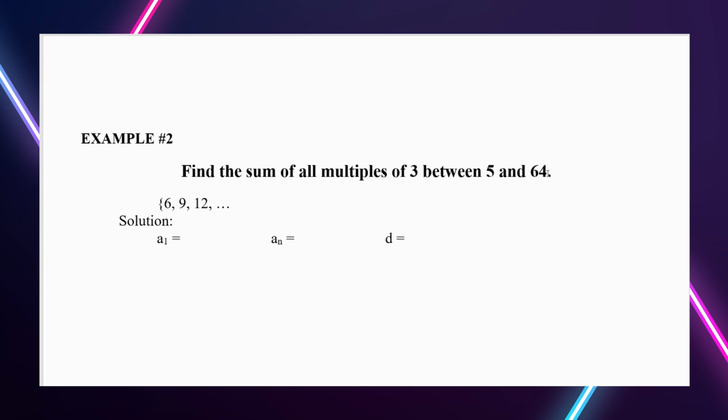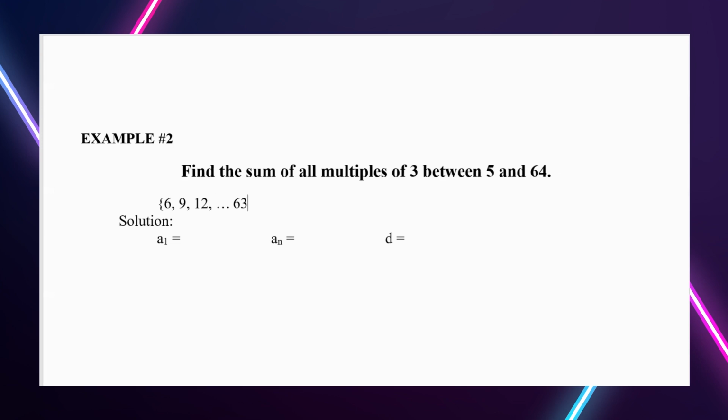Dahil 64 is our last term na binanggit doon sa ating given, pero between 5 and 64, therefore 64 is not possible kasi dapat nasa pagitan lang ng 5 and 64 yung sequence natin. So ibaba natin, 63. Okay? Ang 63 ay nasa pagitan ng 5 and 64.